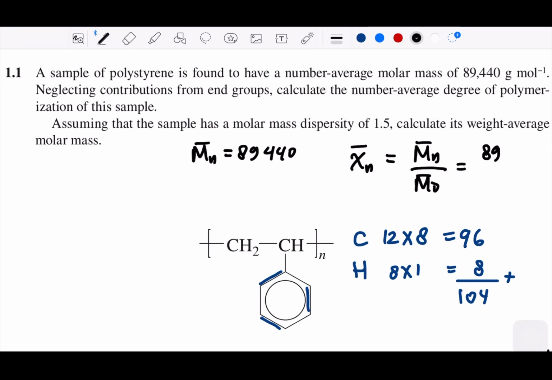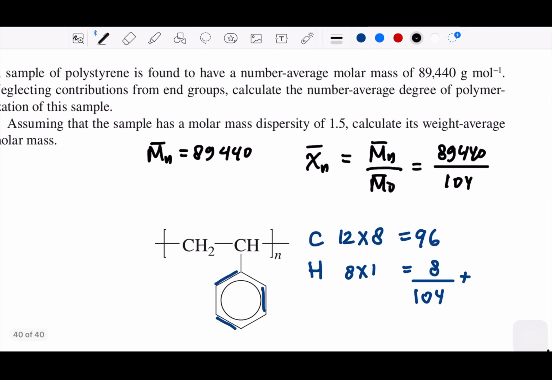So this is 89,440 divided by 104. Okay, how much? Let me check. 860, right? So this is the degree of polymerization for the number average.